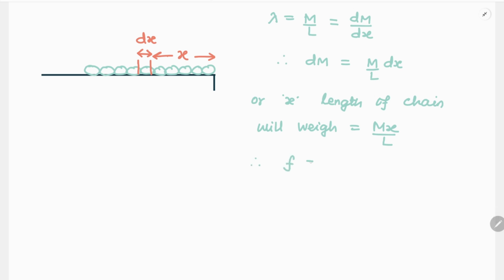Therefore the frictional force offered by this portion is equal to mxg/l times mu. So this is the value of frictional force which it offers.